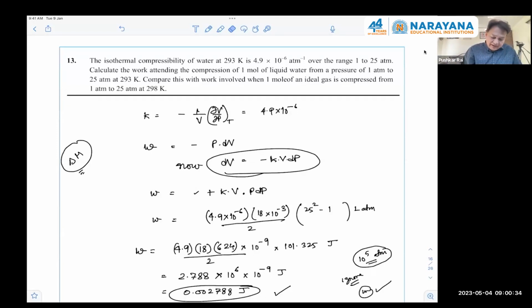Anyway, you will calculate delta U by these two methods. And once you get the delta U, what is delta H? Delta H is equal to delta U plus P2 V2 minus P1 V1. You already know what is P2, you already know what is V2, you will know what is P1, and you will know what is V1.